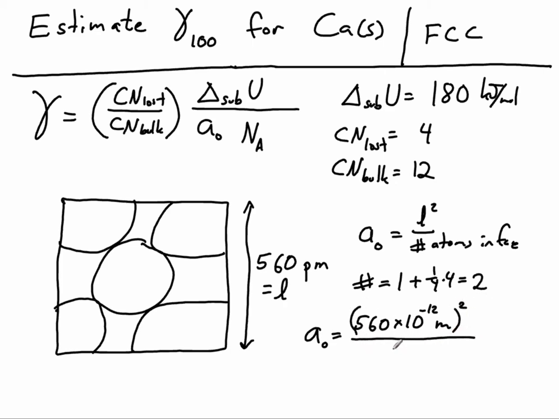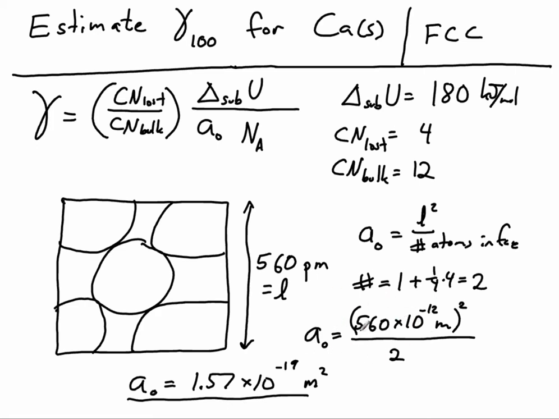And then we divide that by 2. And so A naught is going to be 1.57 times 10 to the negative 19th meters squared.